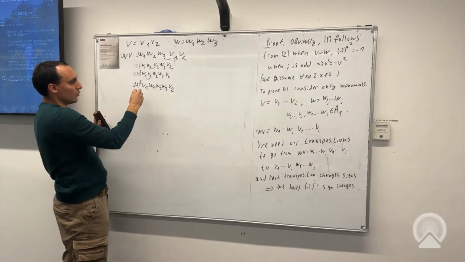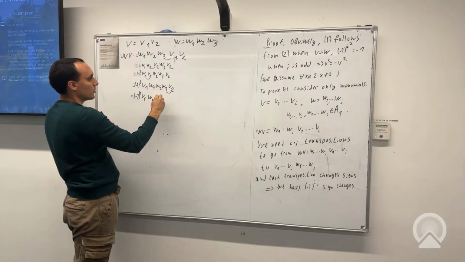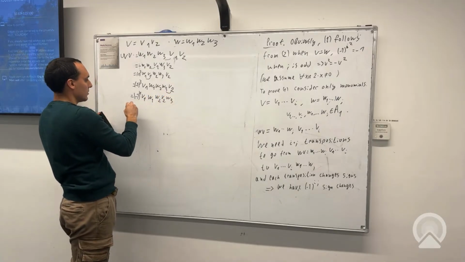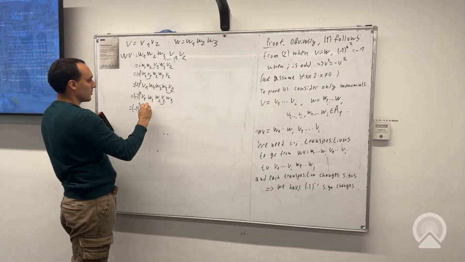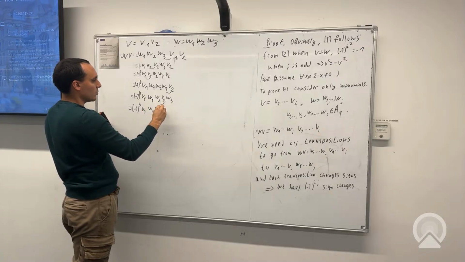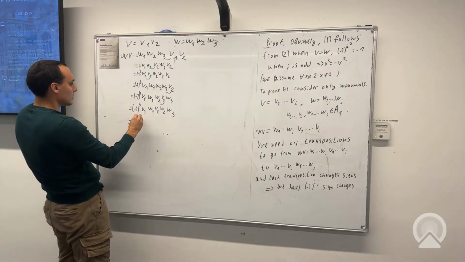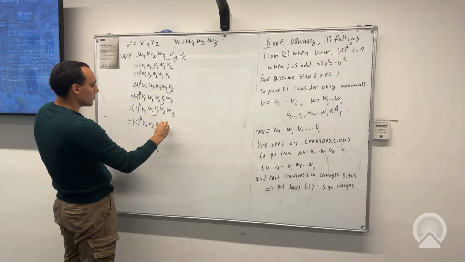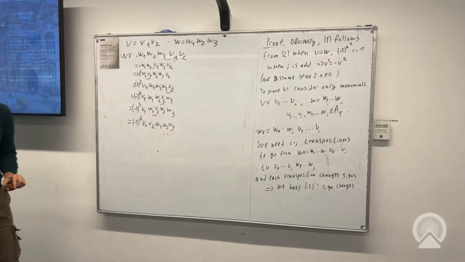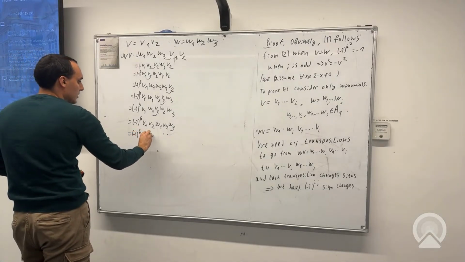Again, W1, W2, V2, W3, then W1, V2, W2, W3. And minus 1 to the sixth power, V1, V2, W1, W2, W3, which is minus 1 to the sixth power of V times W.